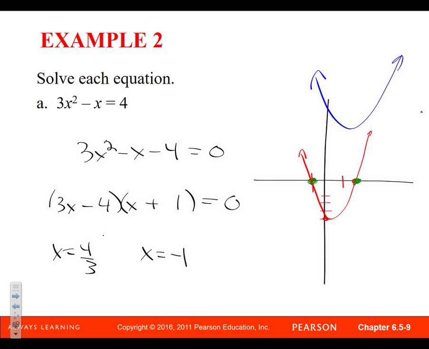Okay? And sometimes you might get a parabola that kind of just touches the line and pops back up. Like that. Okay? In that case, you get two solutions, but they happen to be the same number. Okay? Duplicity. Questions on this problem? We're good? All right, sweet.